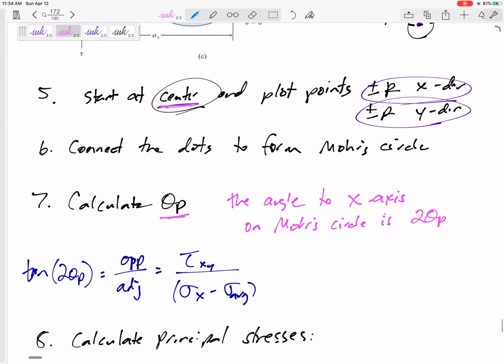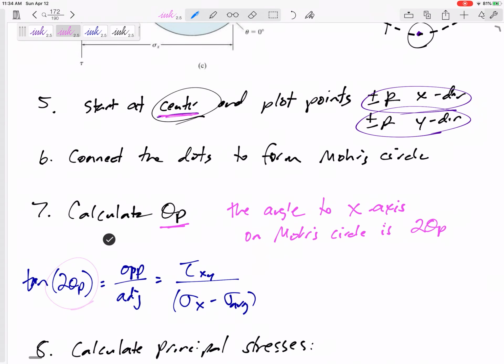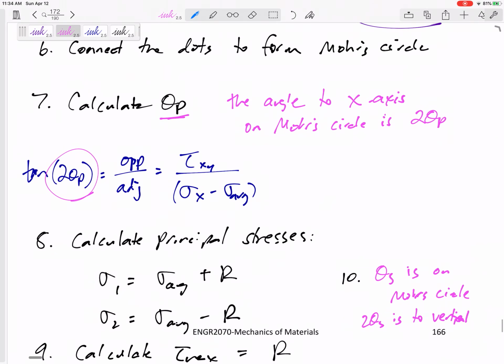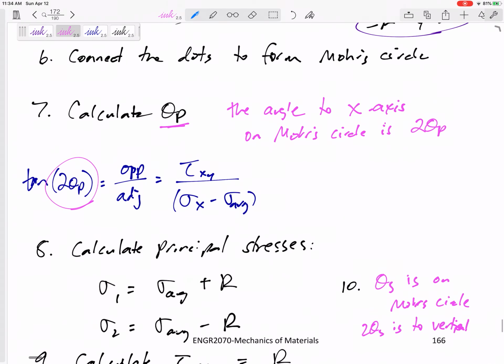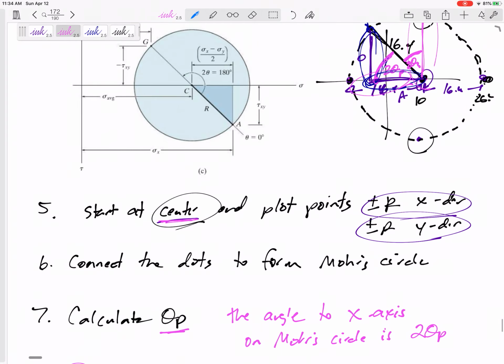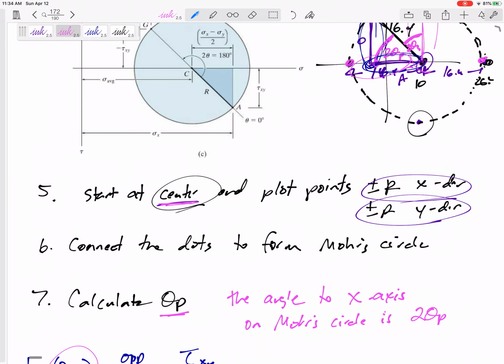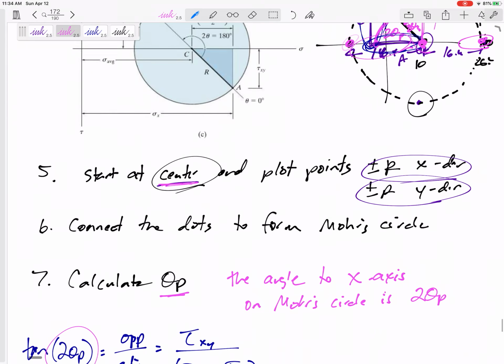Theta P is on your Mohr Circle, but it's 2 theta P, and it's the angle from your starting line to the x-axis. The principal stresses are here and here, right? You took the average and added the radius, and you took the average and subtracted the radius.